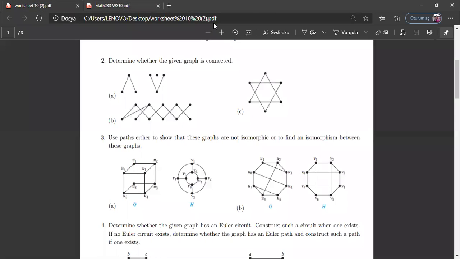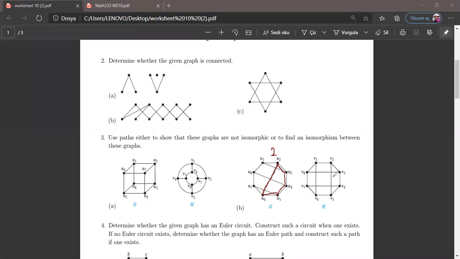For example, this is a circuit of length 5, and this part on the left of this circuit is another circuit of length 5. So there are two such circuits.